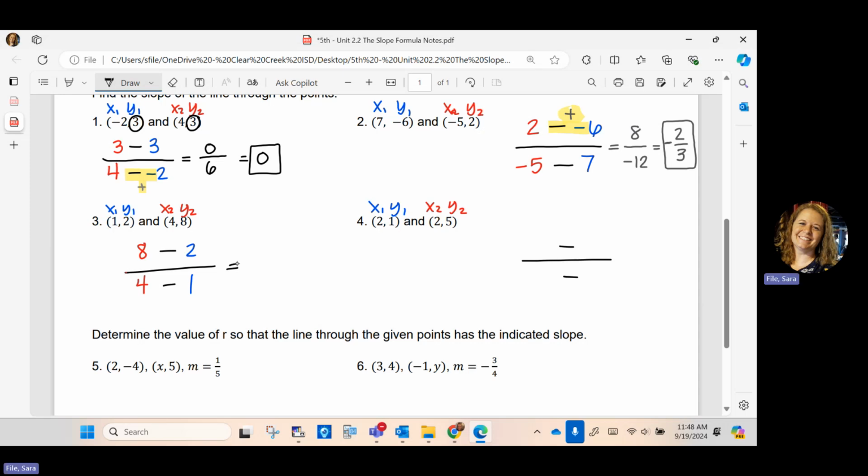Okay, what's 8 minus 2? On top, 6. What's 4 minus 1? Bottom, that's 3. 6 divided by 3 is 2. So that one has a positive 2 slope.